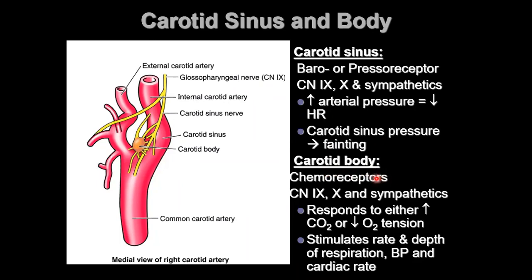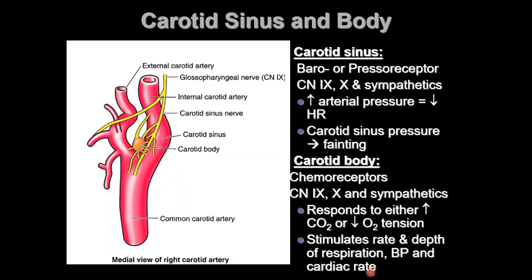The chemoreceptors are going to be able to detect the levels of oxygen and CO2 in the blood. And if you have too little or too much of either one, it's going to stimulate your respiratory rate, the depth of how you're breathing, like short, rapid breathing (tachypnea), where you're hyperventilating, or deep breathing.